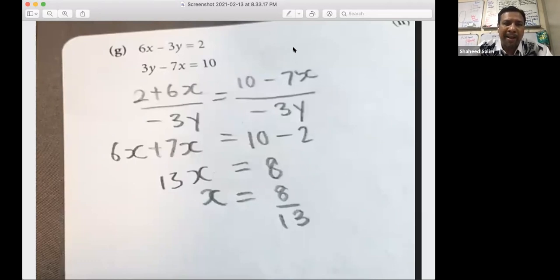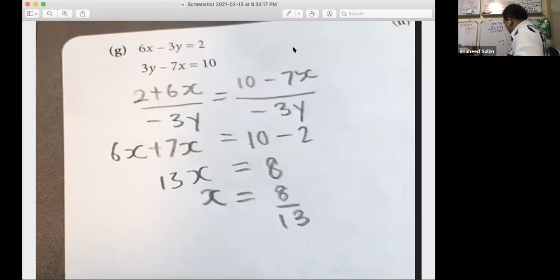So you need to multiply maybe one side to make it another sign. You know what I'm talking about? If not, I will write it down here.